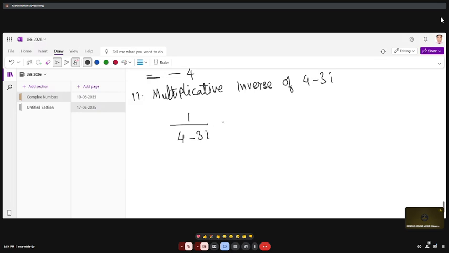So how should we do? We have to multiply numerator and denominator by the conjugate, which is conjugate of denominator, 4 plus 3i, right?